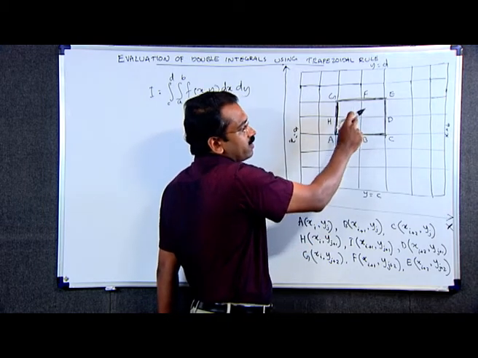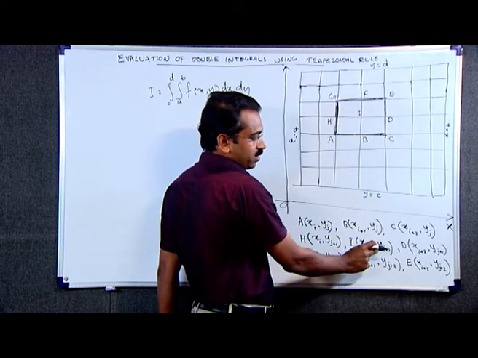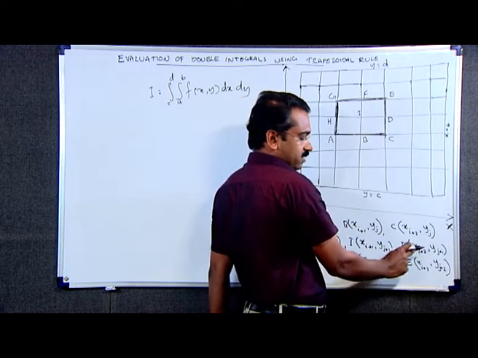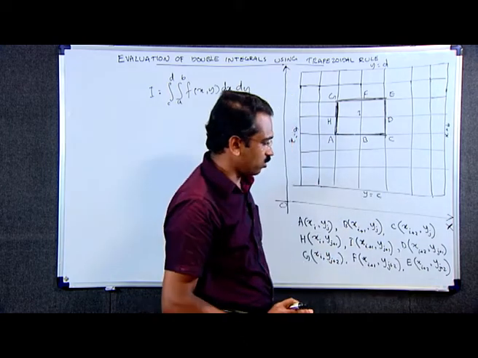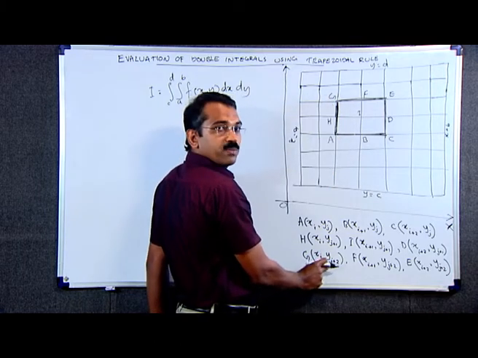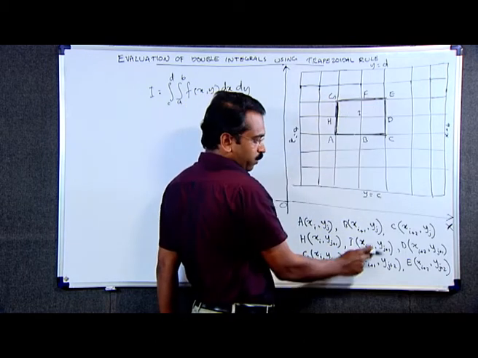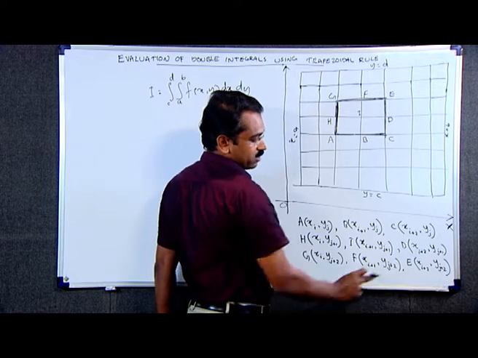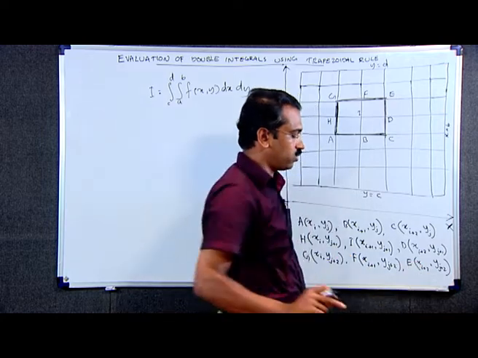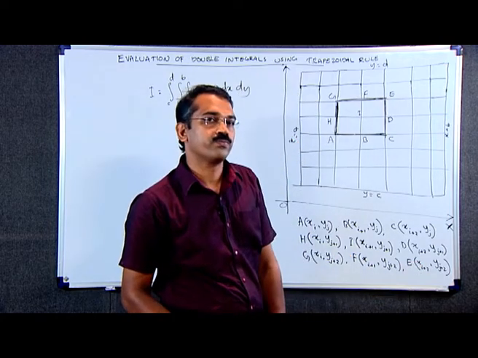The center point I is xi plus 1 yj plus 1. This point D is xi plus 2 yj plus 1. G be the point xi yj plus 2, F be the point xi plus 1 yj plus 2, and E be the point xi plus 2 yj plus 2.